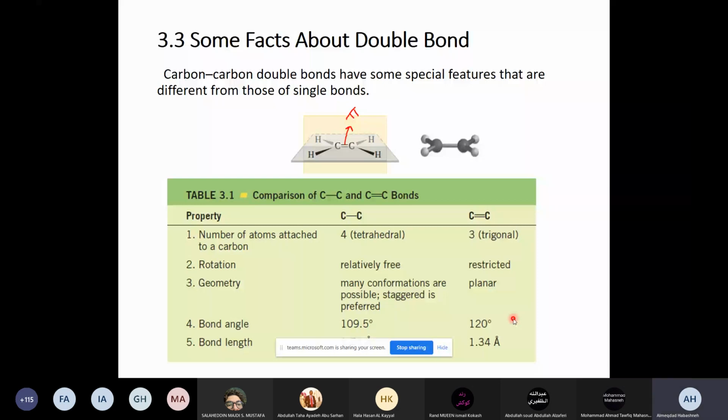The double bond, all the atoms at the double bond and connected to the double bond are planar. The geometry of these compounds is planar, and the angle is 120.